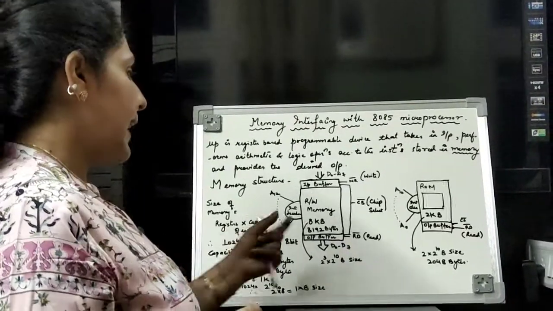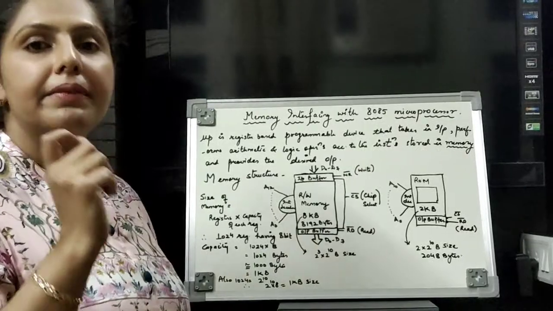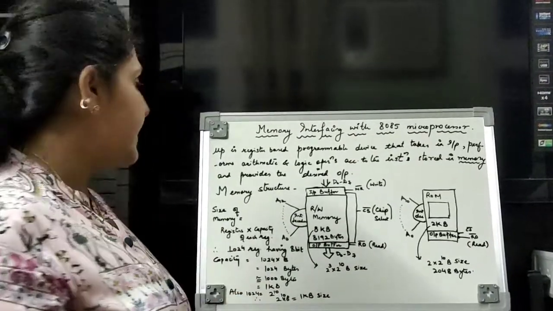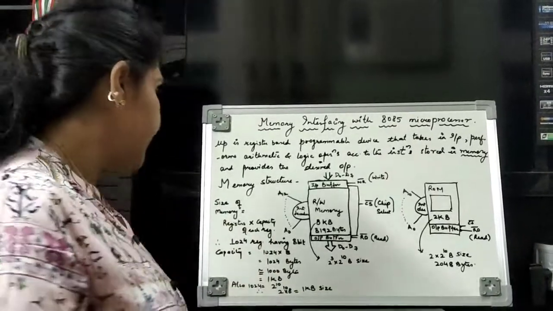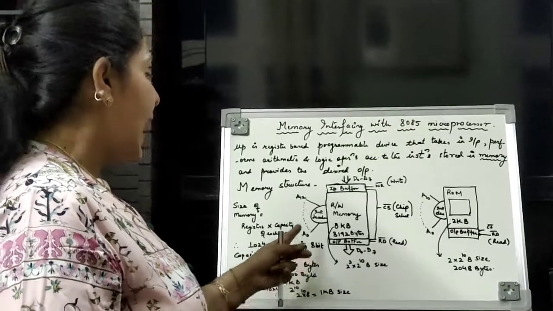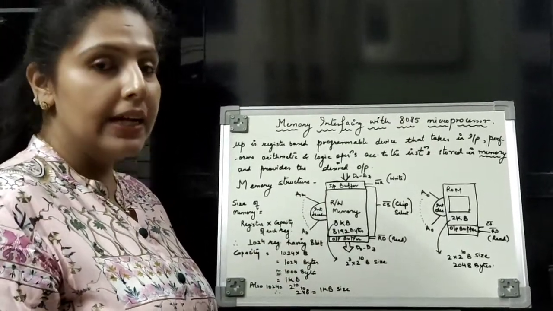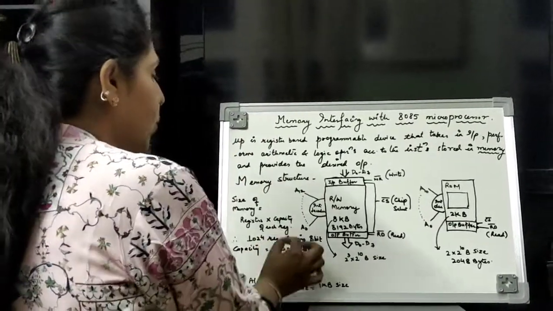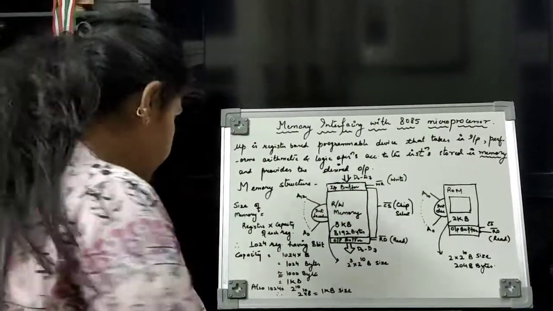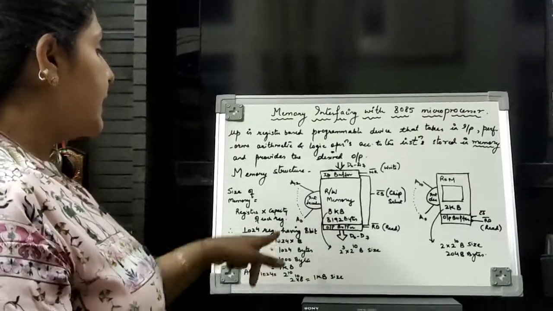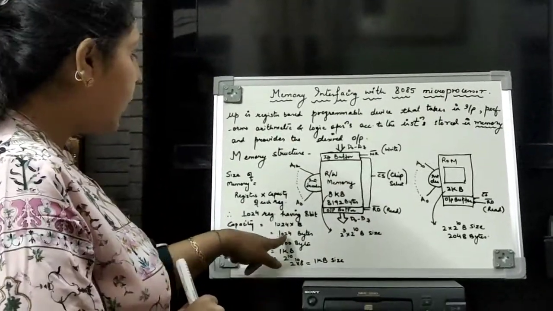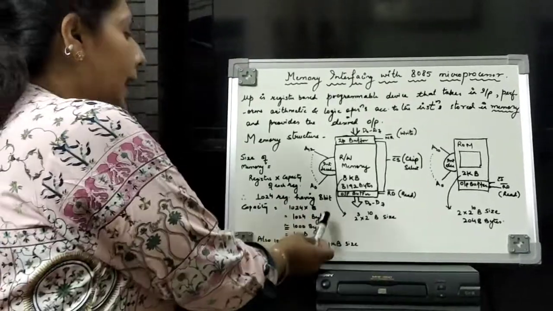Most of the time the register carries 8 bits of data. It means 1 byte of capacity is there for a single register. So if we talk about 1024 registers having 8 bits of capacity, the size is written as 1024 multiplied by 8 bits. Now this 8 number of bits is basically 1 byte, so we can call it 1024 bytes.